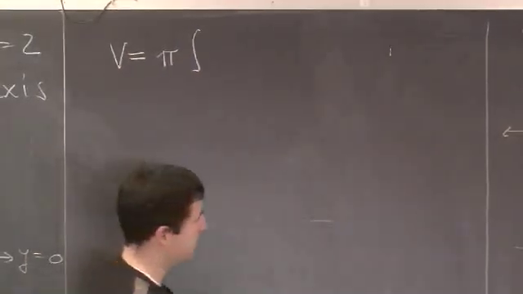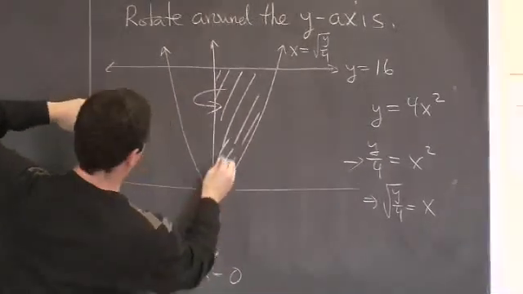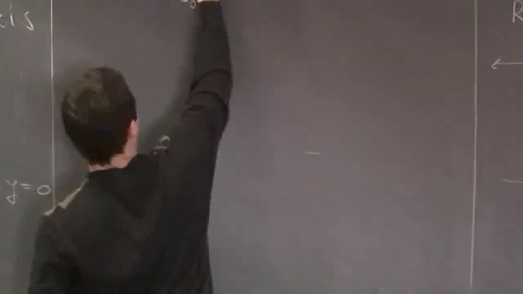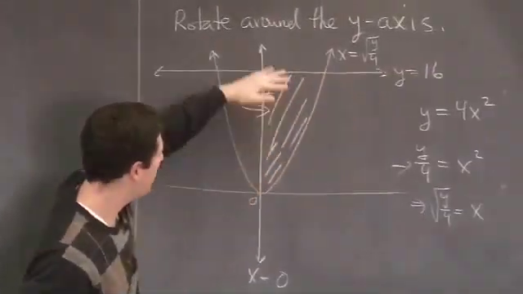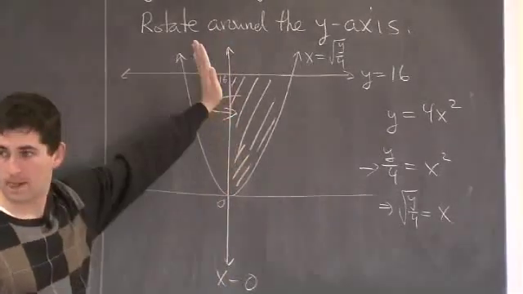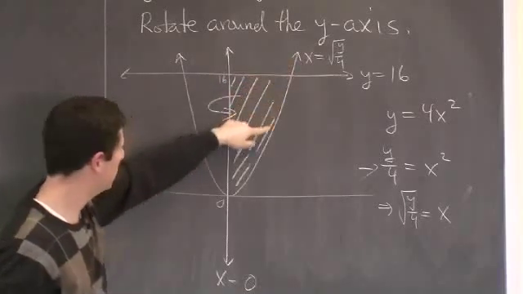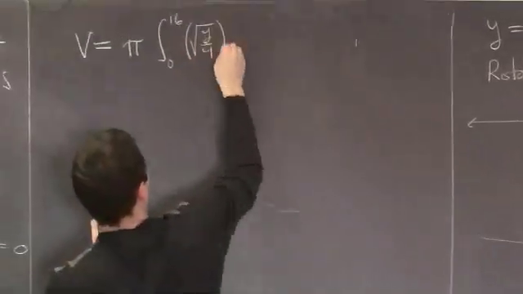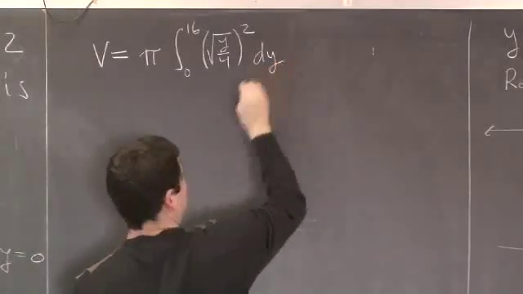And we're going to integrate from here to here. So that's 0, and up here, 16. So from 0 to 16. And then we have to do our top function squared minus our bottom function squared. But our bottom function is 0, so there's no bottom function to worry about. And our top function is the square root of y over 4. And we have to square it. And then we integrate with respect to y.